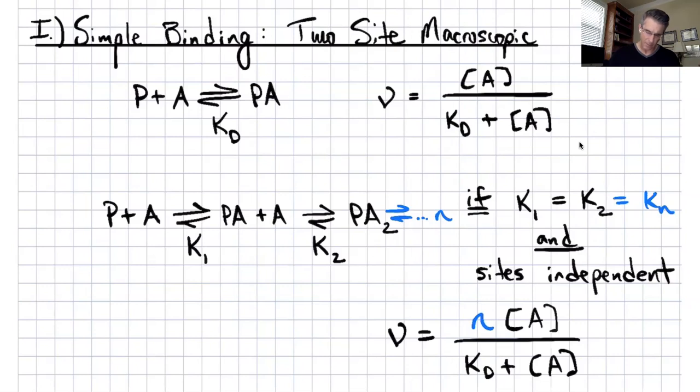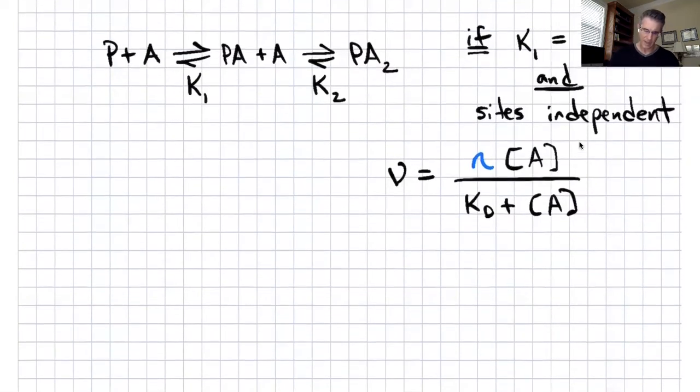The next wrinkle that we have to grapple with is that, while that does happen, where all the binding sites are exactly the same, a far more common situation in a scheme like this is what happens when K1 does not equal K2, right?